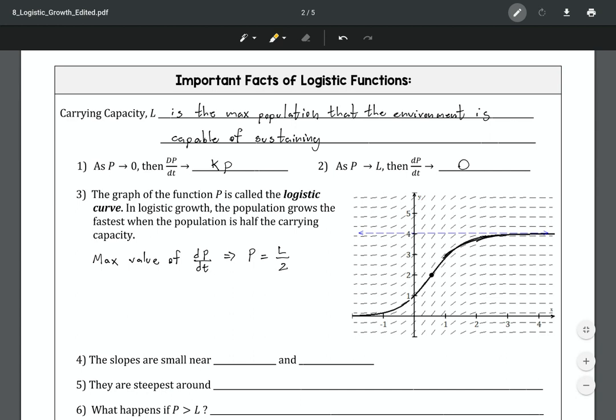All right. So again, these are all facts of differential equations like this. To find the time of the max rate of change, that's going to be 1 over k times the natural log of A.